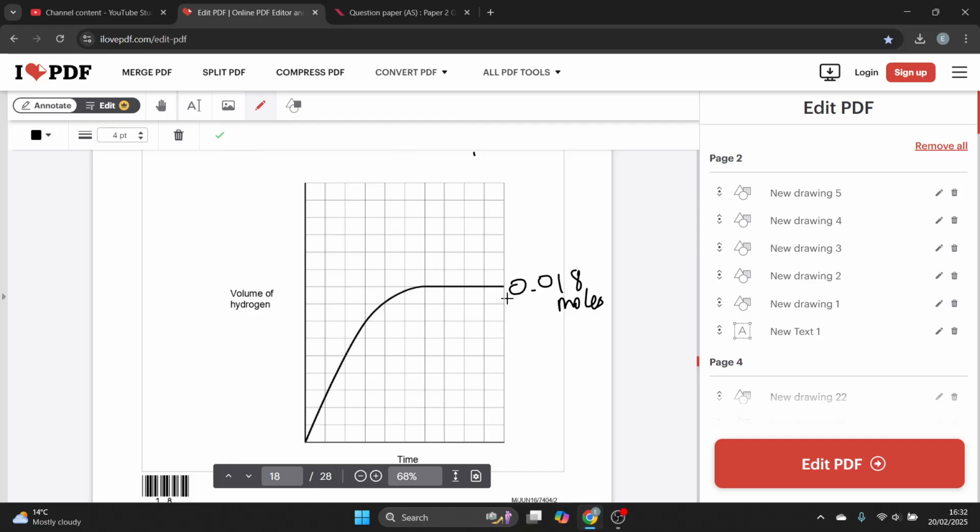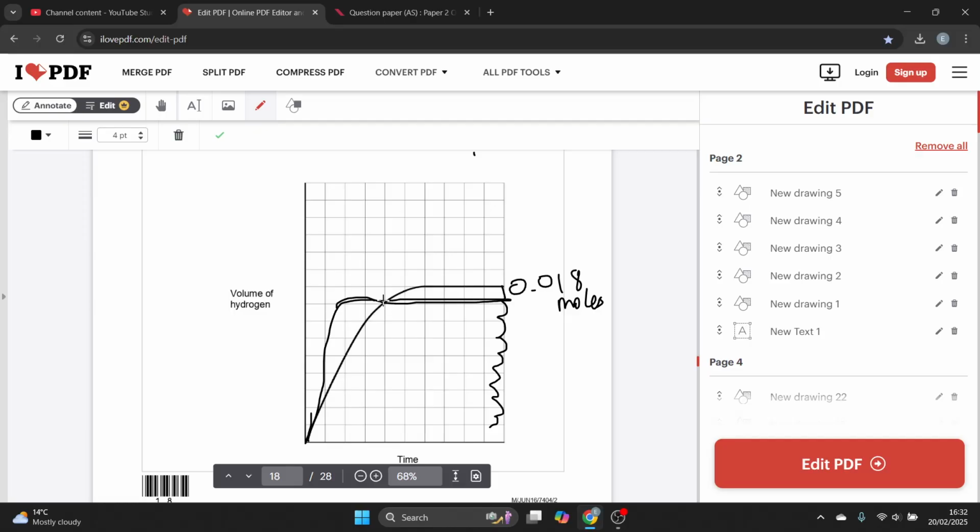Well, it's only a bit of a difference. 1, 2, 3, 4, 5, 6, 7, 8, 9. So each one's going to be 0.002. So 0.016 is just going to be a bit steeper, but then level out here.